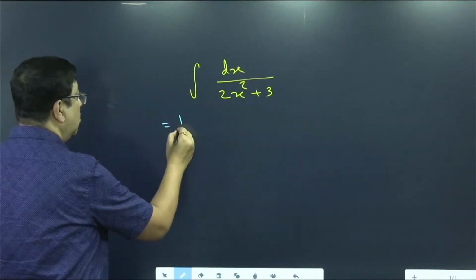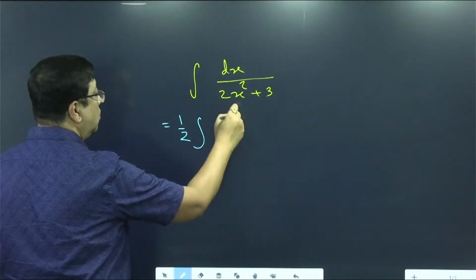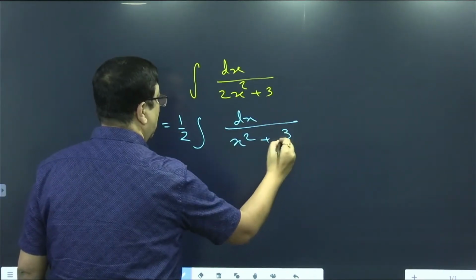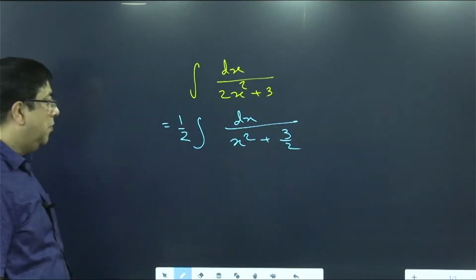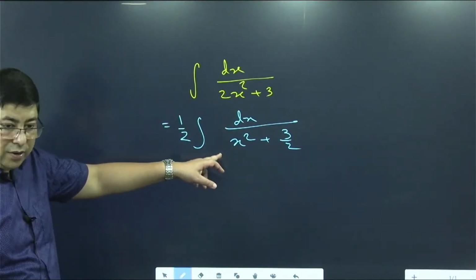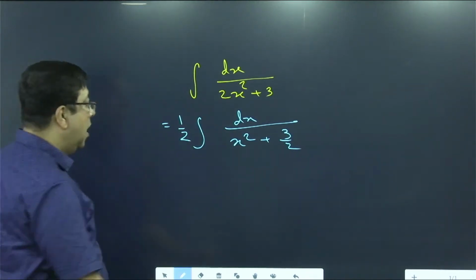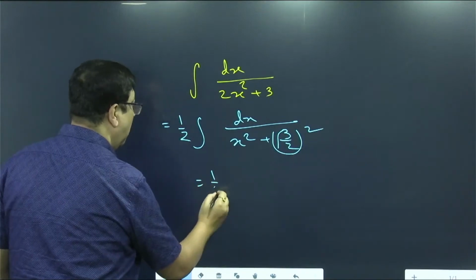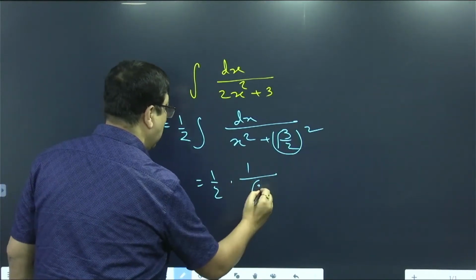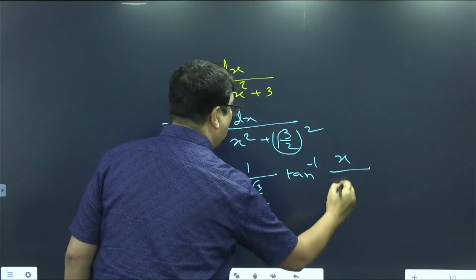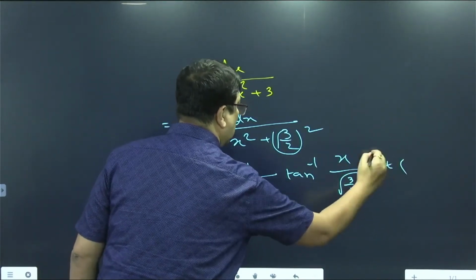We have to take 2 common. The constant can be manipulated in any way. First of all, we have to make the numerical coefficient of x square 1. Now, the constant we can write as a square. Therefore, 1 by a tan inverse x by a plus c.